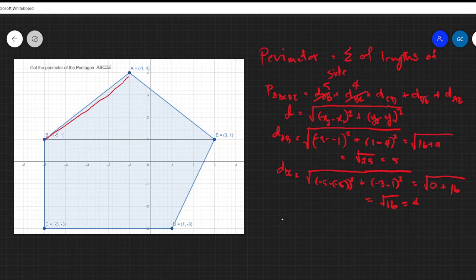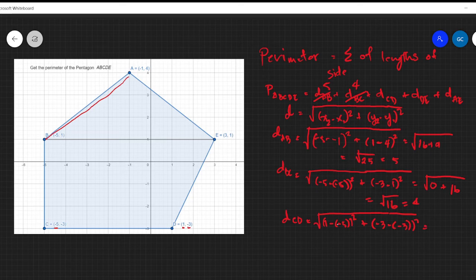Next, we have the distance of CD. Again, same concept. We have 1 minus negative 5 squared, 1 and negative 5, plus we have negative 3 minus, of course, negative 3, again 0.